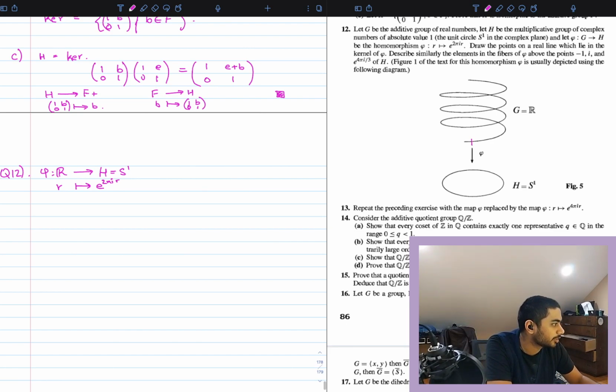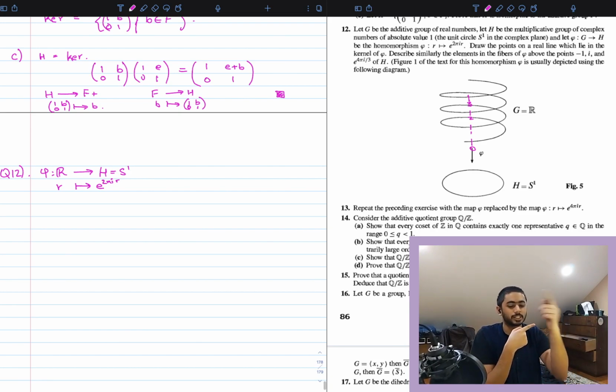Let's suppose that this here is 0, this here is 1, this here is 2, this here is 3. So we've wound the real line up in this spiral fashion. For example, 0.5 would be somewhere back here, and 1.5 would be somewhere back here, and so forth. All this is doing is saying, let's say we have the point 0.25, then you're going to go 0.25 around the circle. And so this point gets sent here.